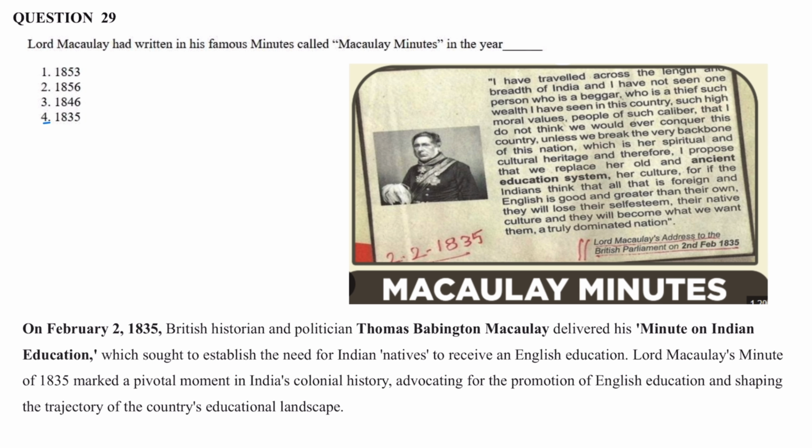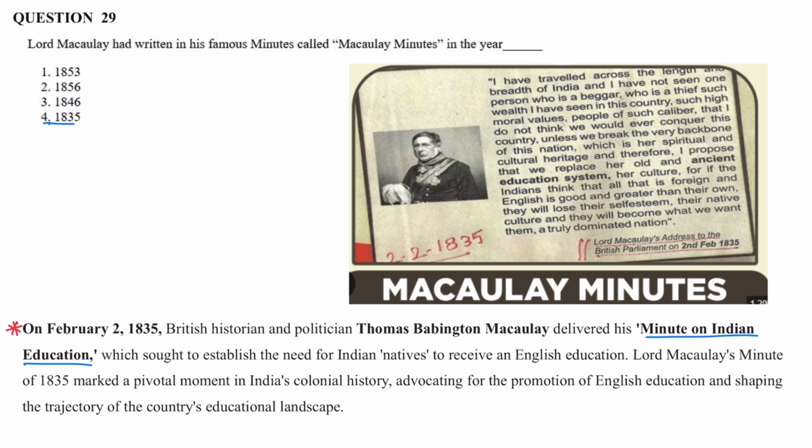Question number 29. Lord Macaulay had written in his famous minutes called Macaulay's Minutes in the year. So it is year 1835. On February 2nd, 1835, British historian and politician Thomas B. Macaulay delivered his minutes on Indian education, which sought to establish the need for Indian natives to receive an English education.